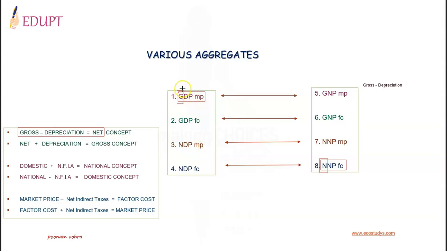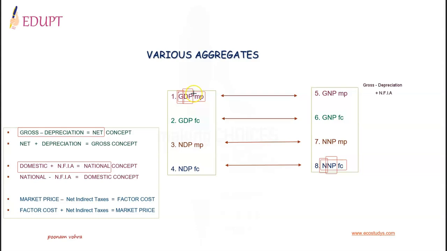Next is domestic product, and here it is national product. So the difference between domestic and national product is net factor income earned from abroad. So domestic is given. You need to find national, so add net factor income earned from abroad.